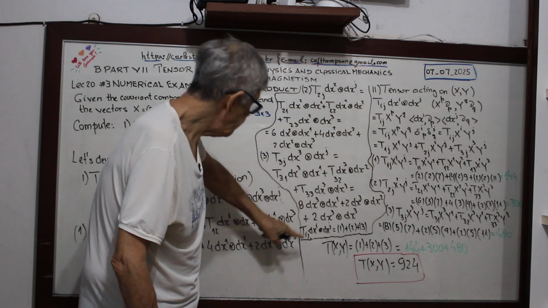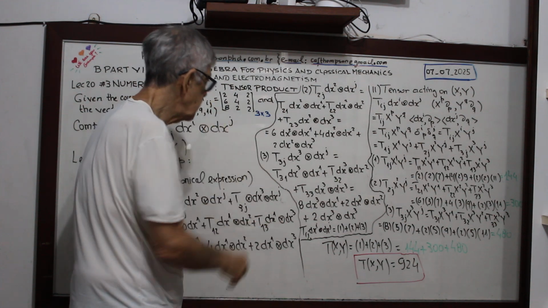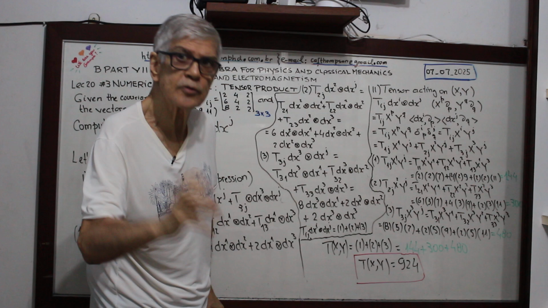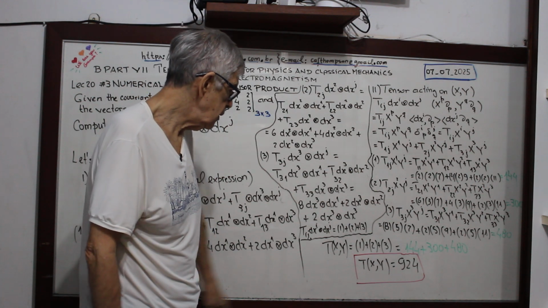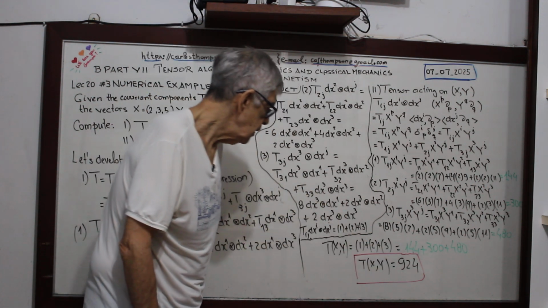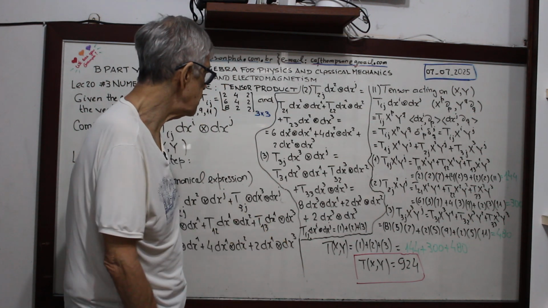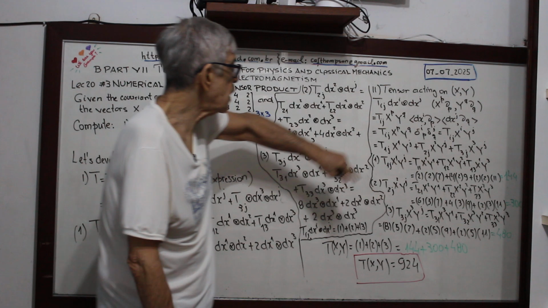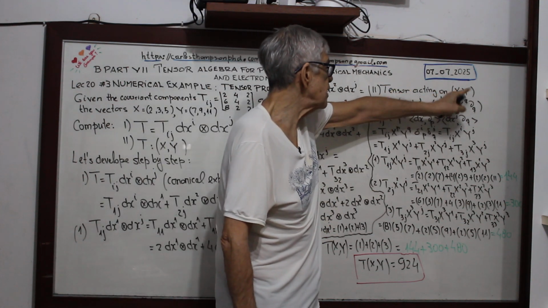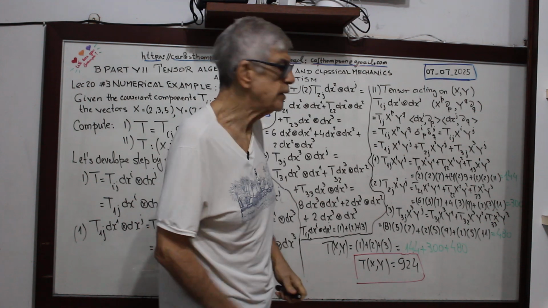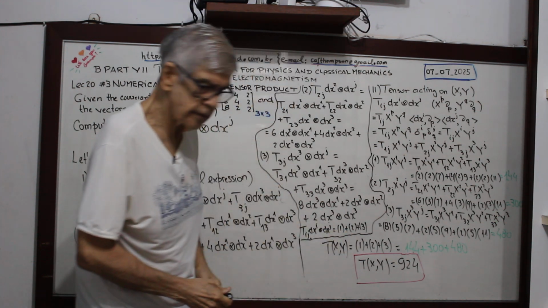This is the answer of item 1. Here we have 9 terms, and this is a scalar. So the number 2, when I act on x or y, leads to a scalar quantity. That's it.